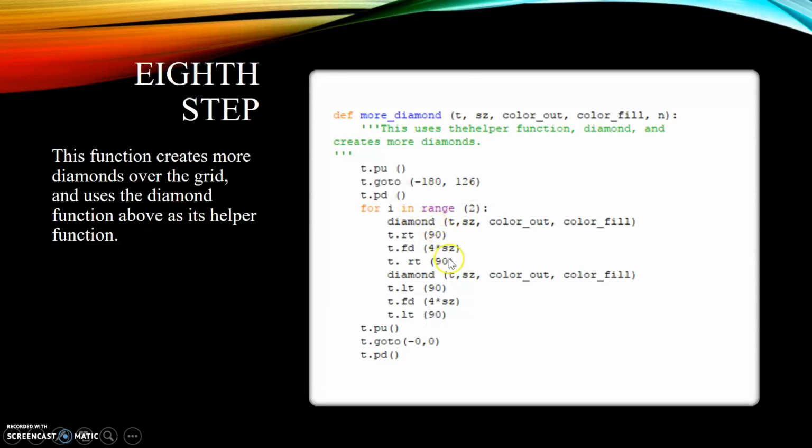We get it to move this certain number of times, and then we draw the diamond. We move these number of times. It's like we have diamond twice. It's repeating itself, and then after we're done, we put it back at the center of the screen, at the center of the grid and everything.